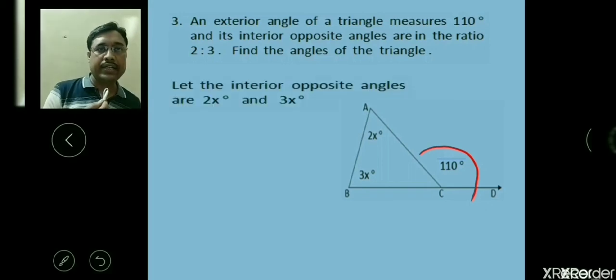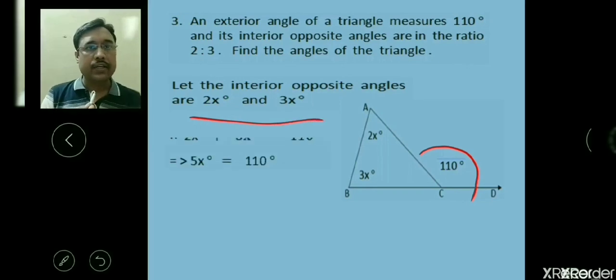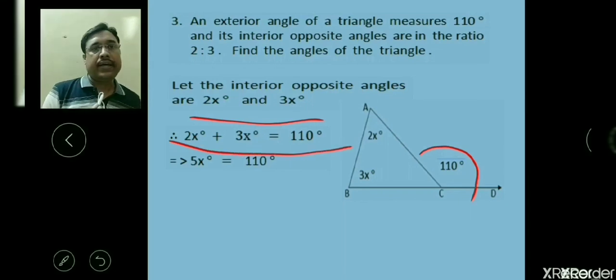Then let the interior opposite angles be 2x degrees and 3x degrees. According to the exterior angle property, the sum of the two opposite interior angles is equal to the measurement of the exterior angle.